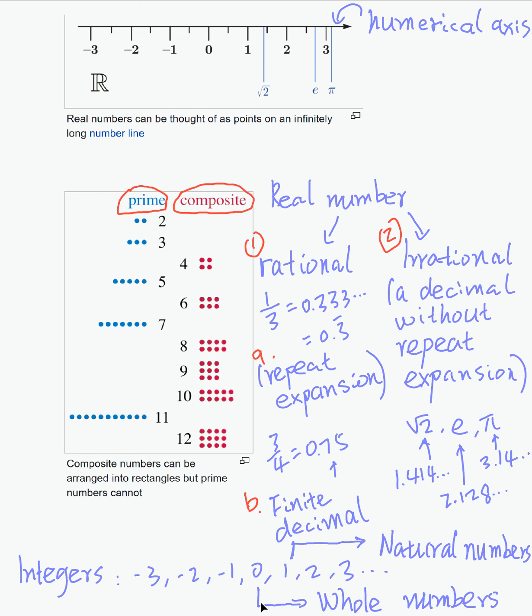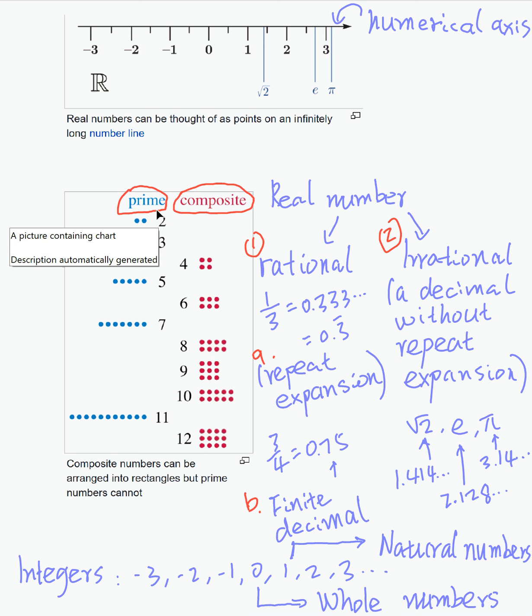When the numbers start from 0 and then 1, 2, 3, those special integers are called whole numbers. And when the integers start from 1, 2, 3 without 0 included, those numbers are called natural numbers.